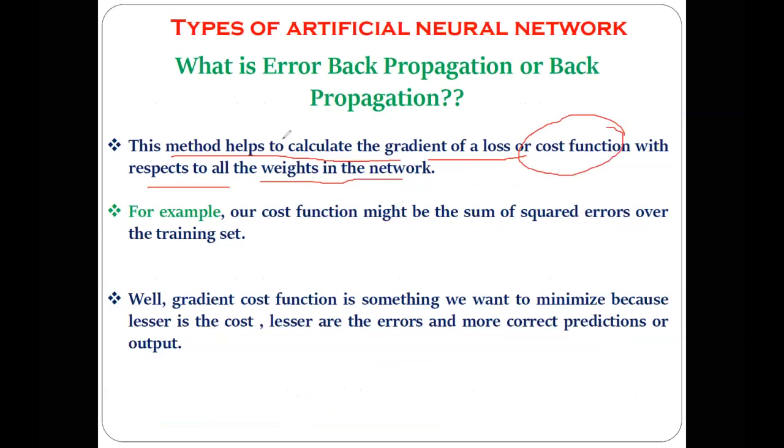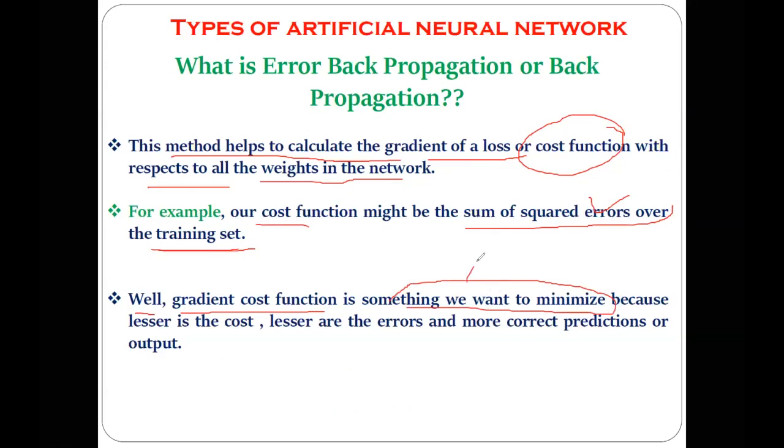Now, what do you mean by this gradient of loss or the cost function? It is nothing but the sum of square errors over the training set. What is it? The sum of the square errors over the training set. Now, what exactly is the sum of the square errors over the training set? In the next figure, I will explain it to you. This gradient function is something we want to minimize. Okay.